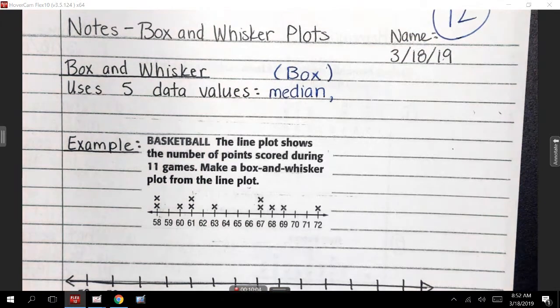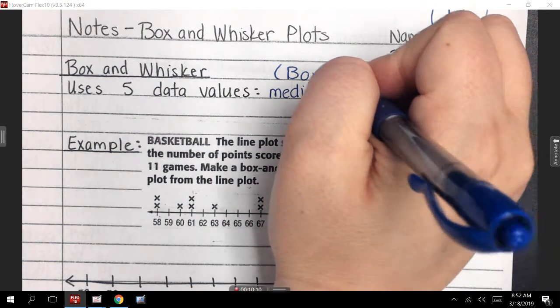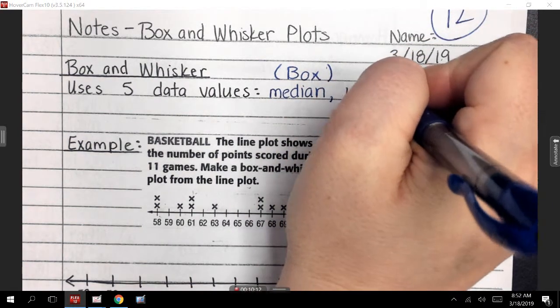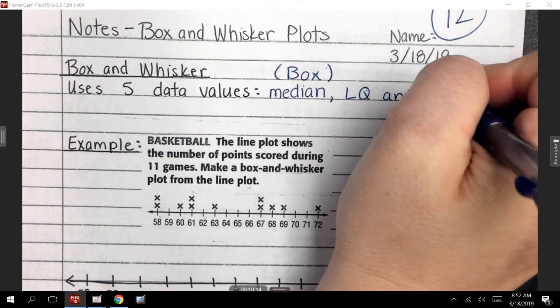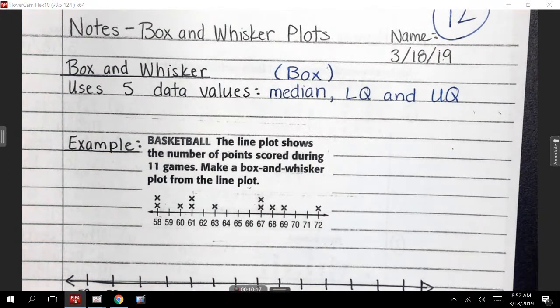Once I find the median, what does that make it easy to find after that? The LQ, the lower quartile, and the upper quartile. So the box is going to be made up of 3 pieces. It's going to be a box split in half. The box is the median, the LQ, and the UQ.